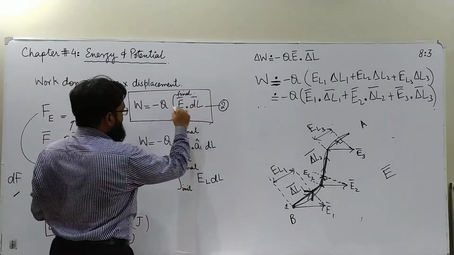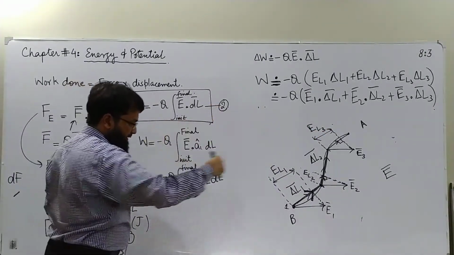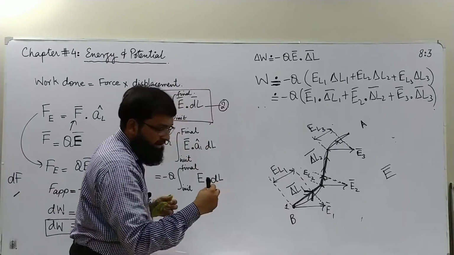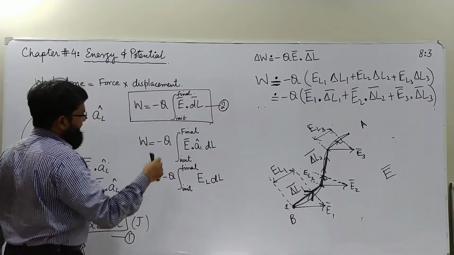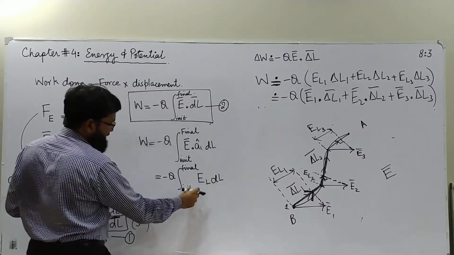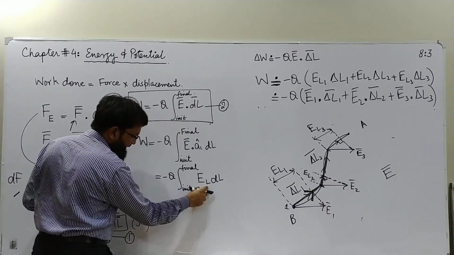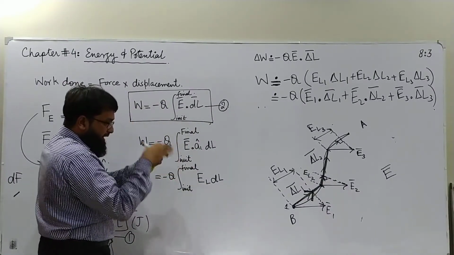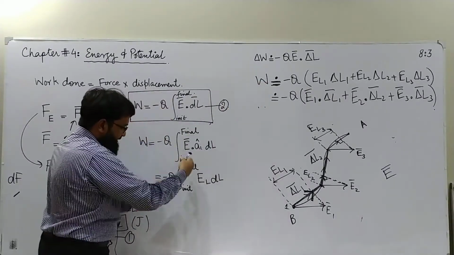What we do is divide the whole path into infinitely small differential lengths, since smaller lengths than differential lengths are not possible, and we take the product of each differential length with the field component in the direction of that differential length. We take the product for each of the infinite differential lengths, and then we integrate them all together.